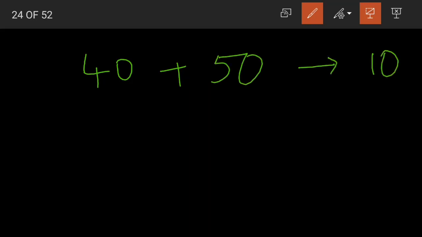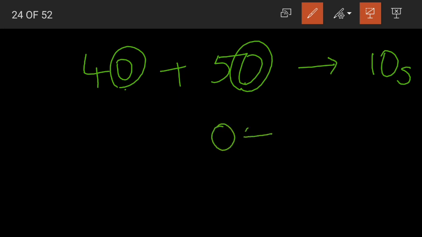See children, we had 40 plus 50. Yes, they are from the same group, that is tens. Now what did we see? We saw that both the numbers are having 0 in the first place from the right. So we wrote 0 in the sum as well. This will be our first place from the right. Now what is remaining? 4 and 5.